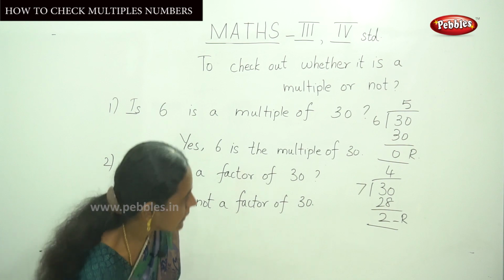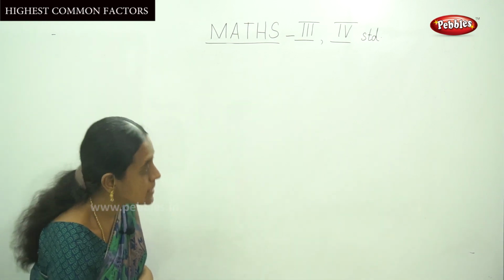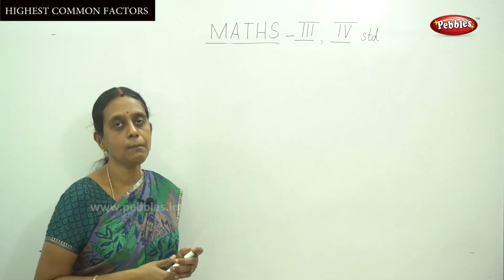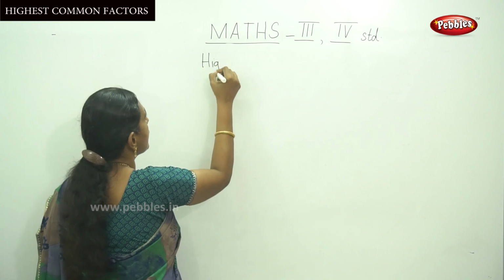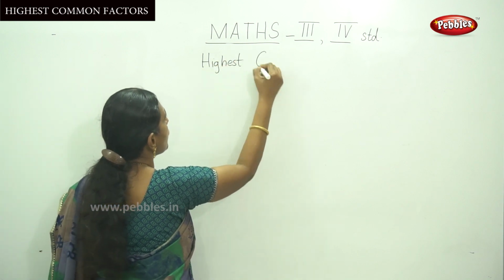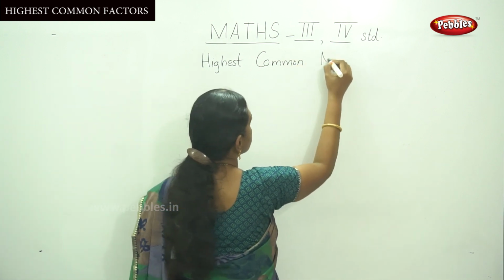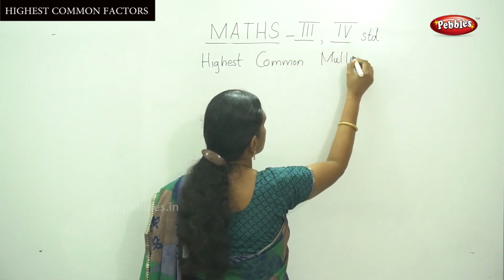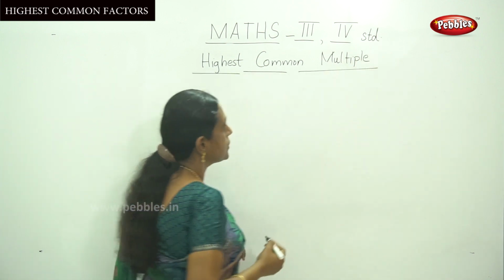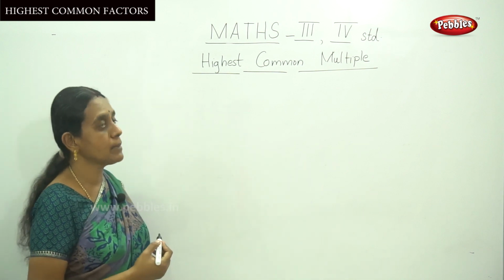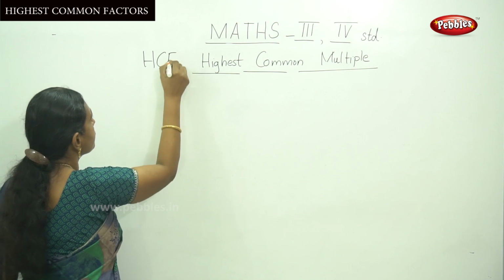Okay, and let me move on to the next topic, that is highest common factor. To find the highest common factor, the short form is HCF.